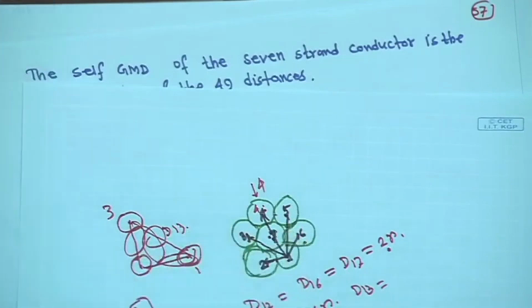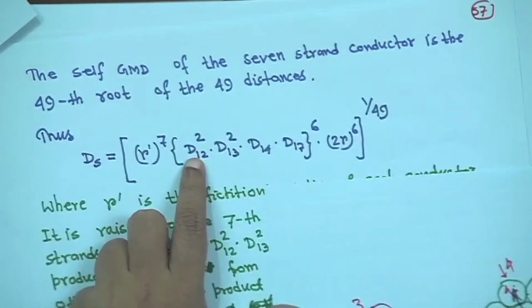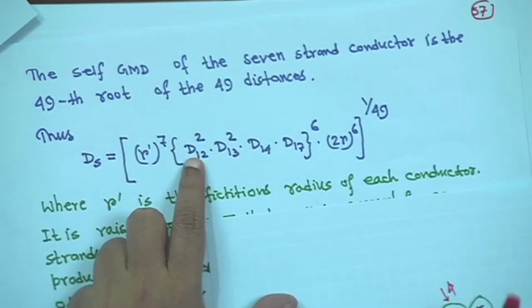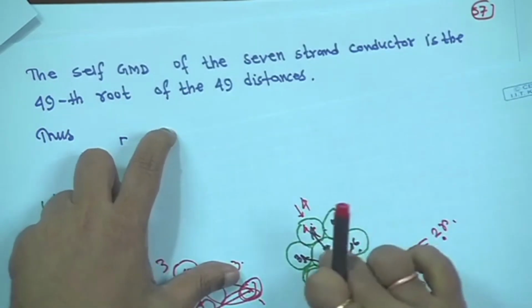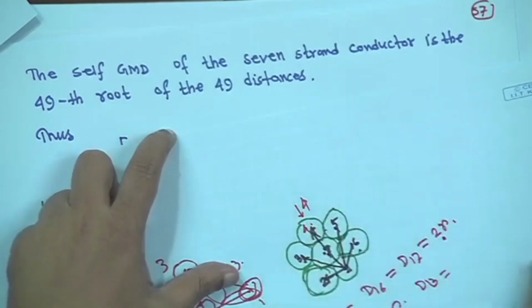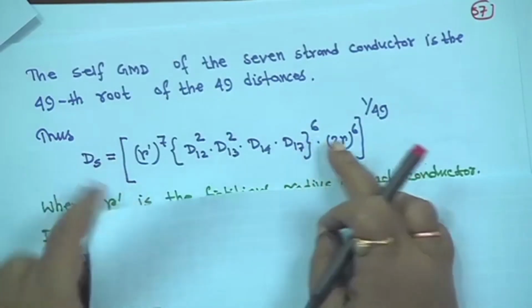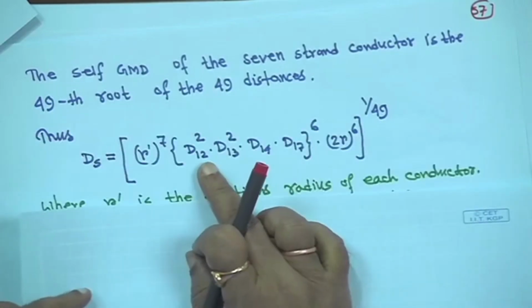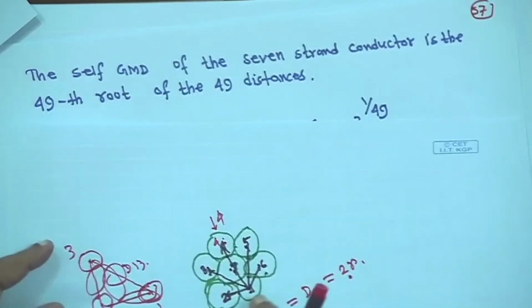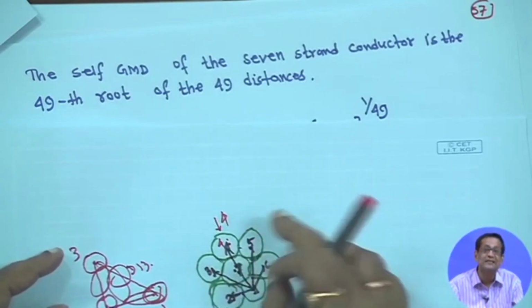That is why here it is made d12 square, but you have 6 conductors surrounding the central conductor, right. That is why d12 square, but the power should be 6, because for each conductor, if you consider, 2 distances are the same. That is why I have written d12 square, rather than complicating the thing with d12 into d16 into d23 into d34 like this.